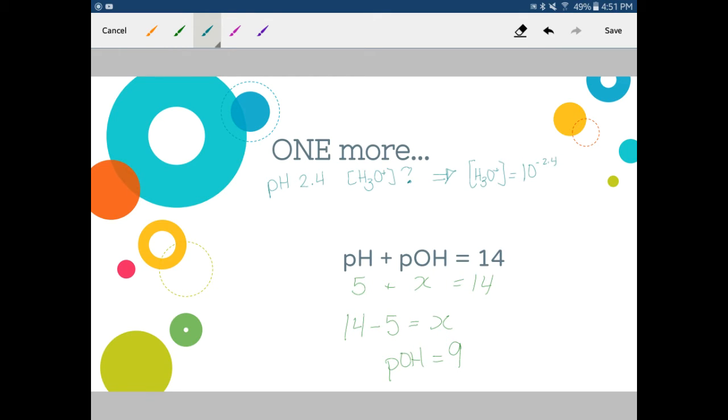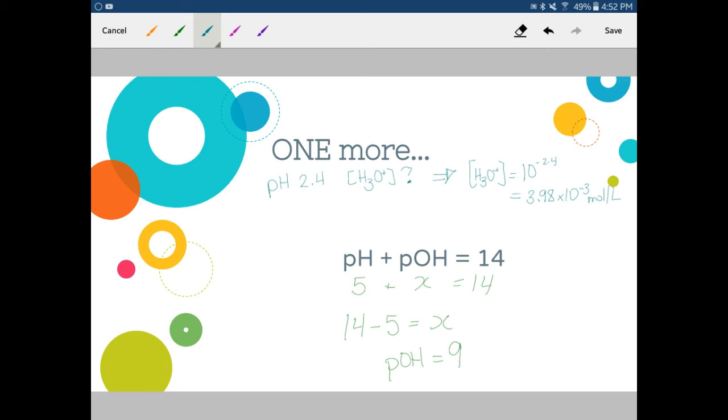So I simply plug that in. 10 to the exponent of negative 2.4 is equal to 3.98 times 10 to the negative 3 moles per liter. That is as simple as it is. I literally only need to plug in one variable for each calculation.